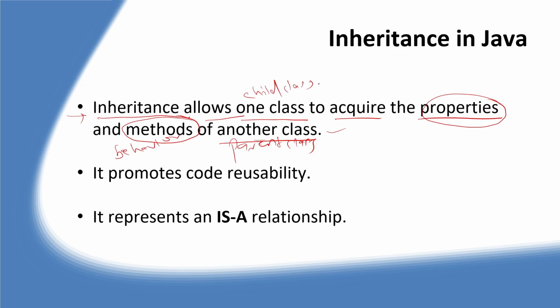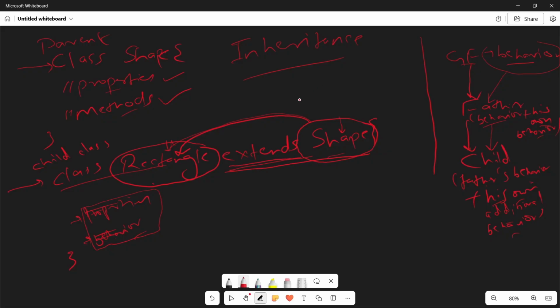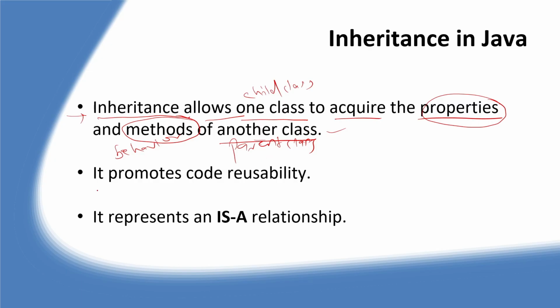And the child class will also have its own properties and behaviors, that will be additional, as we have seen here. So Rectangle is what? Child class, right? So the child class will have the property and behavior of the parent class plus its own property and behavior. This is an important point. It promotes code reusability.